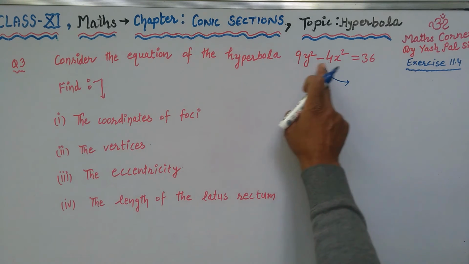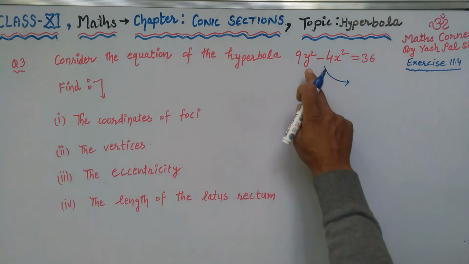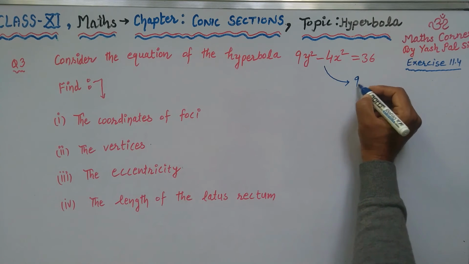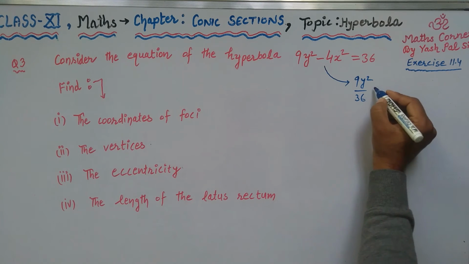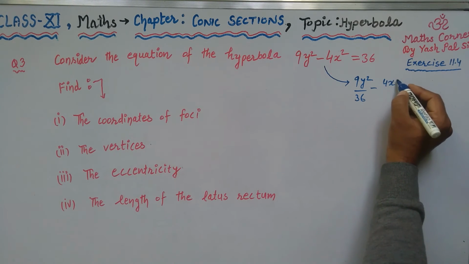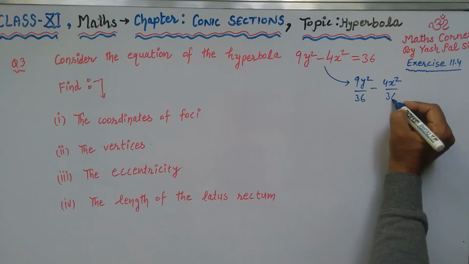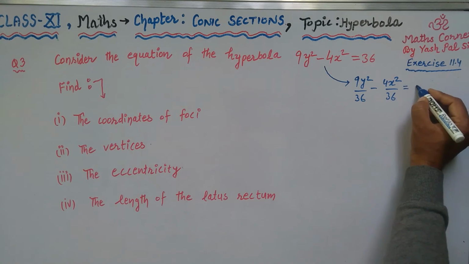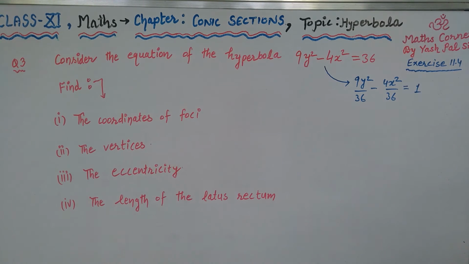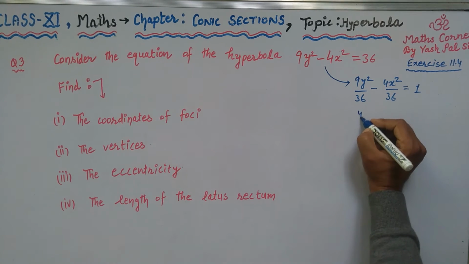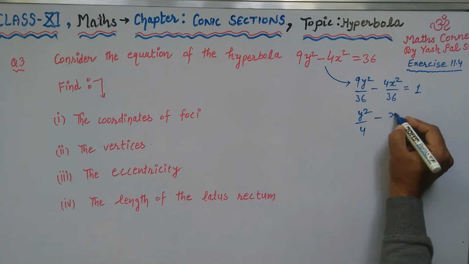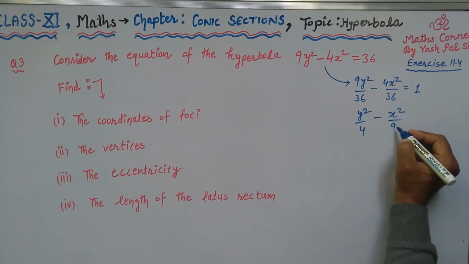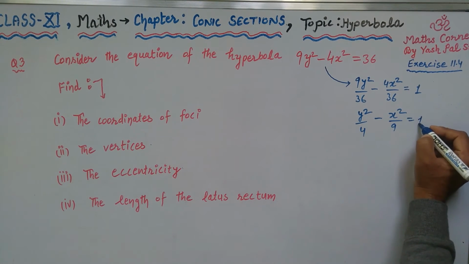So dividing each and every member by 36, we have 9y square divide 36 minus 4x square divide 36 equal to 36 upon 36, which is equal to 1. Now we have y square upon 4 minus x square upon 9, this is equal to 1.